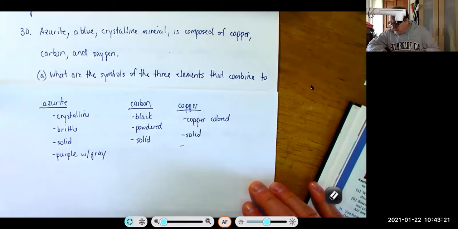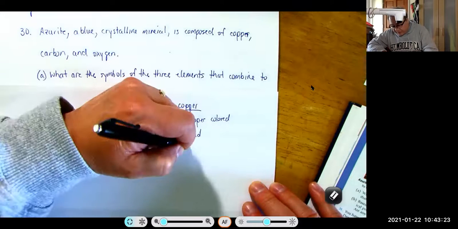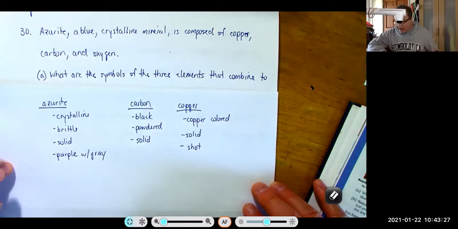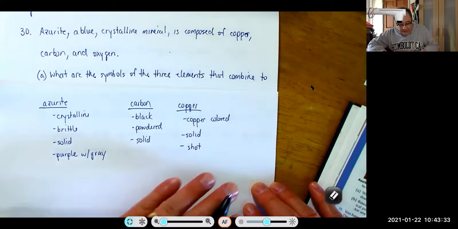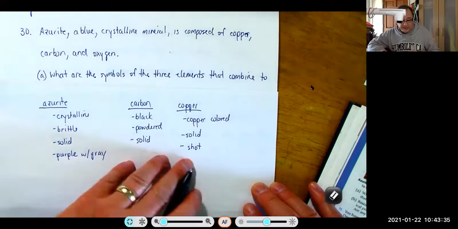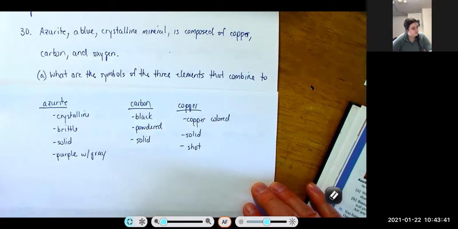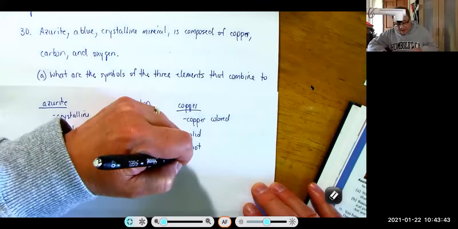So usually when we see something like that, we call it shot, like something you might put in a shotgun, actually. Can we write anything about at what temperature these things melt based on what we see? No. Nope, we can't.